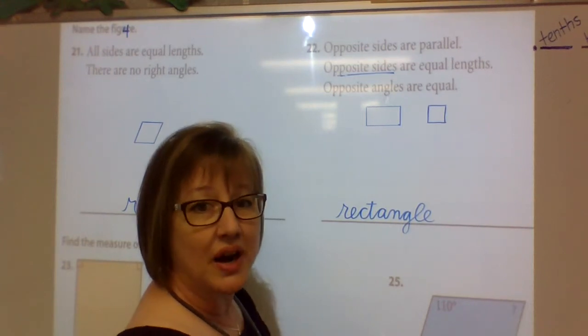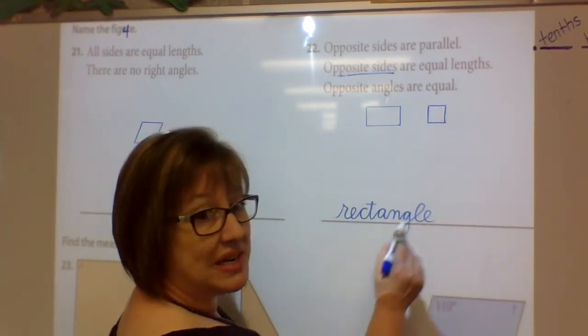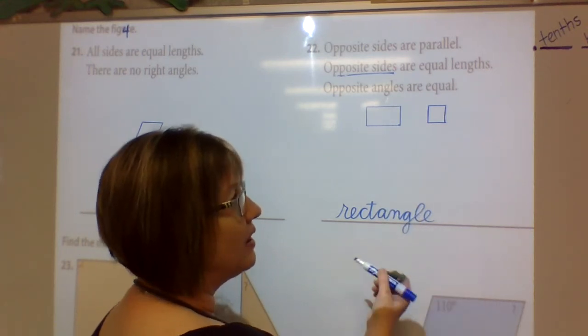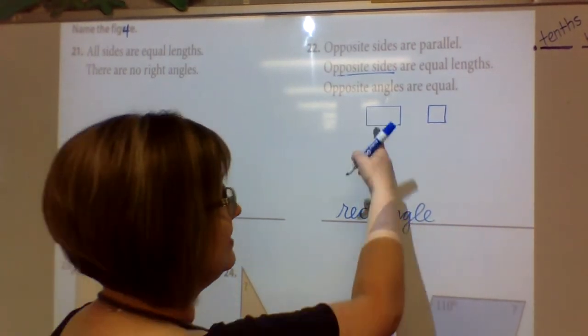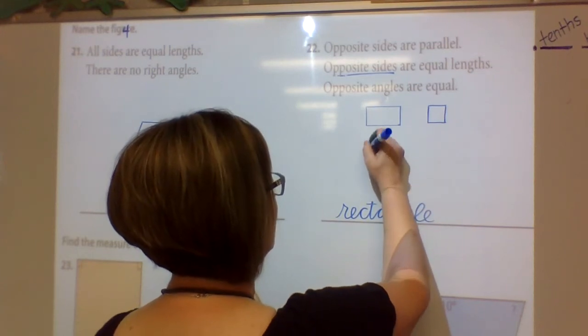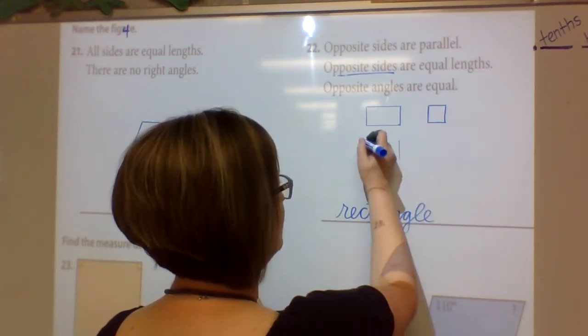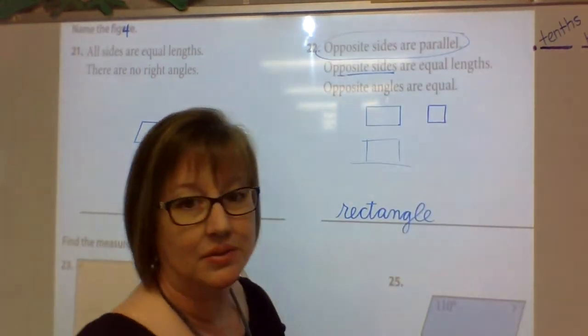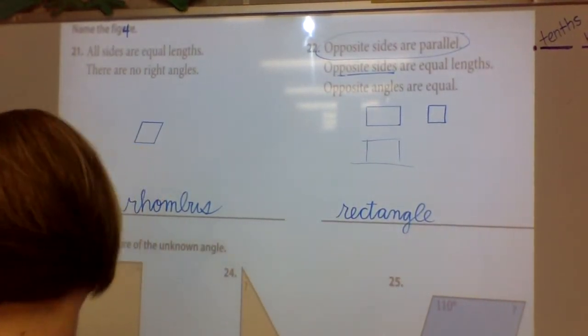So it could also be a square. Either one. So whatever one you end up making, you have to write it down here. So it's either a rectangle, square, or a parallelogram. Either one of those is a parallelogram. Parallelograms just have to have 2 opposite sides are parallel. That makes a parallelogram. So you get your choice of how you want to name it.